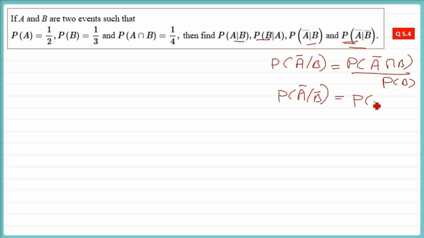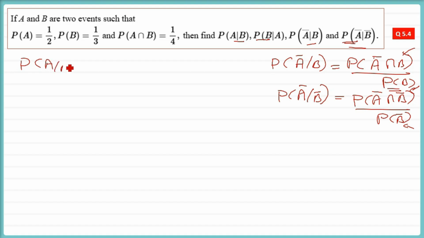First you intersect these two, P(A naught intersection B naught), and in the division, P(B naught) is going to come. Now you see there are certain values not known to us: P(B naught) is not known, P(A naught intersection B) is not known, and P(A naught intersection B naught) is not known. All other things are actually given to us.